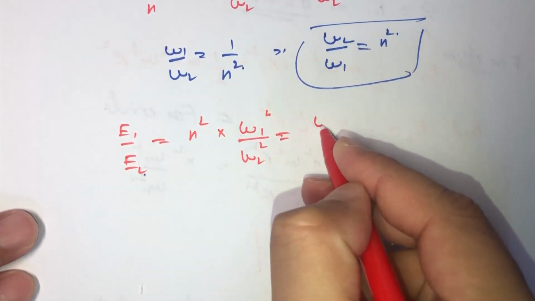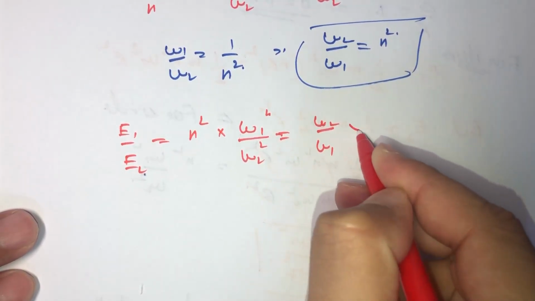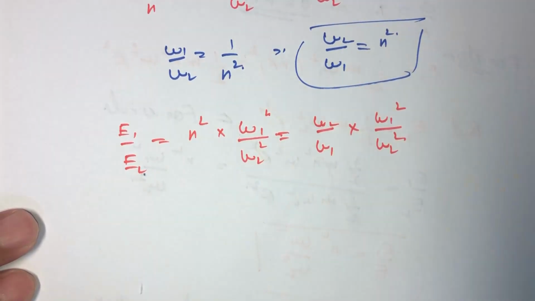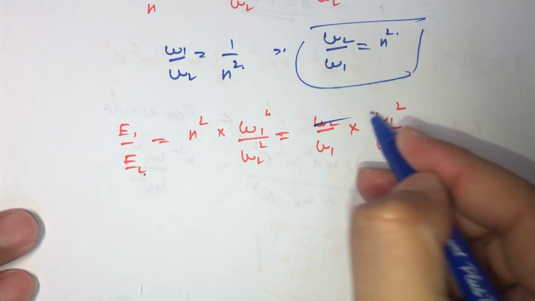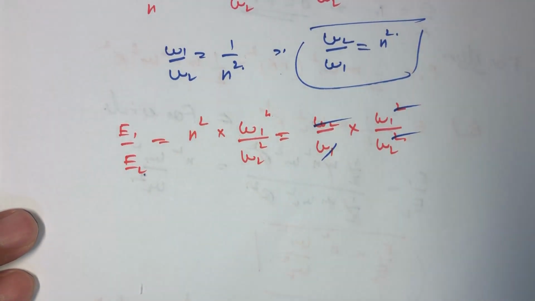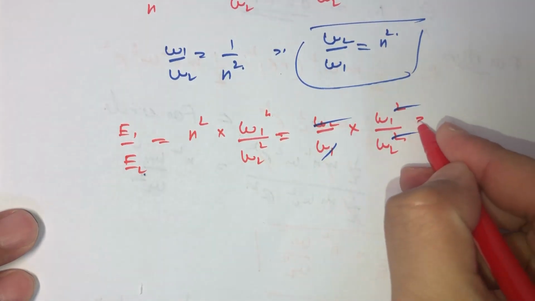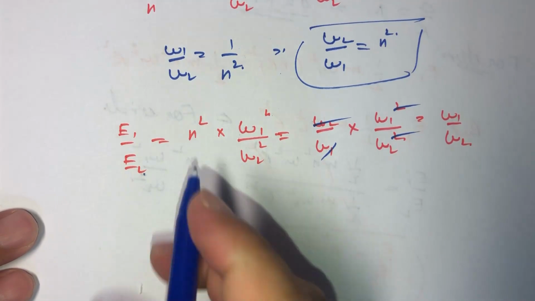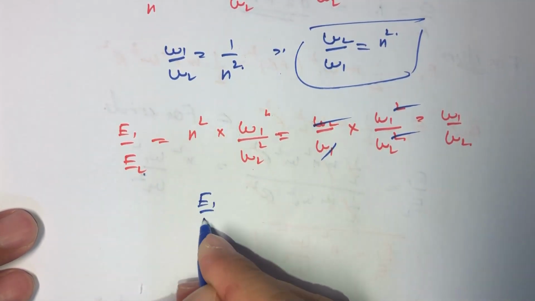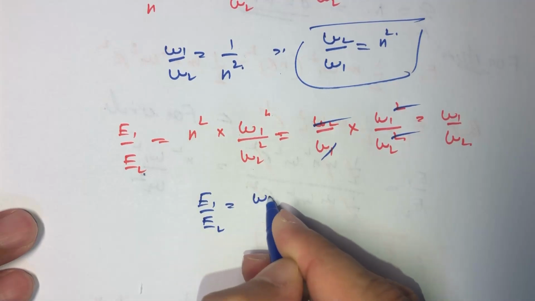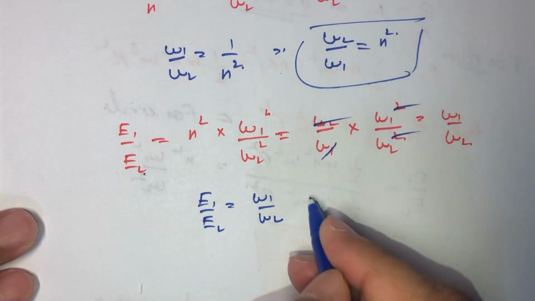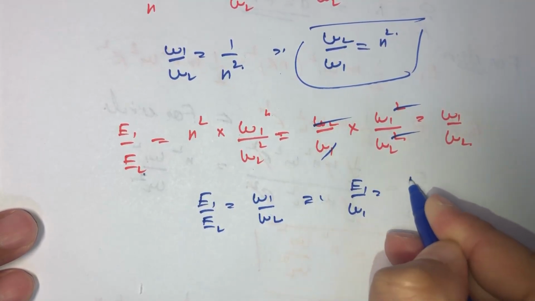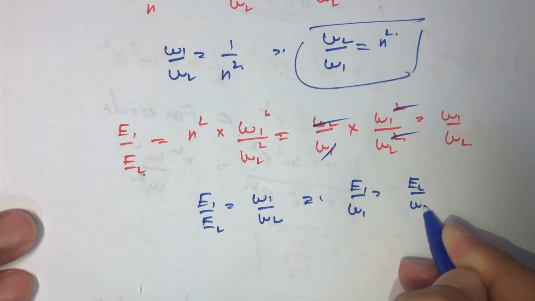So this becomes omega 2 upon omega 1 multiplied by omega 1 square upon omega 2 square. This goes with square and this goes with square. So we are left with omega 1 upon omega 2. So therefore we get that E1 upon E2 is equal to omega 1 upon omega 2, or we can say it is E1 upon omega 1 is equal to E2 upon omega 2.